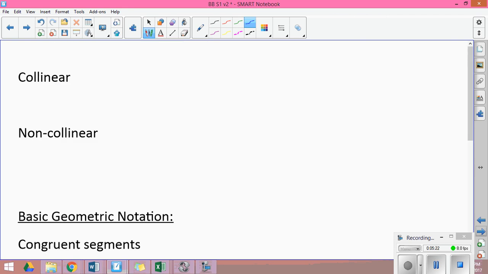A couple of definitions here of collinear and non-collinear, exactly kind of what they look like. Co means together, line. So this is 2 or more points on the same line.